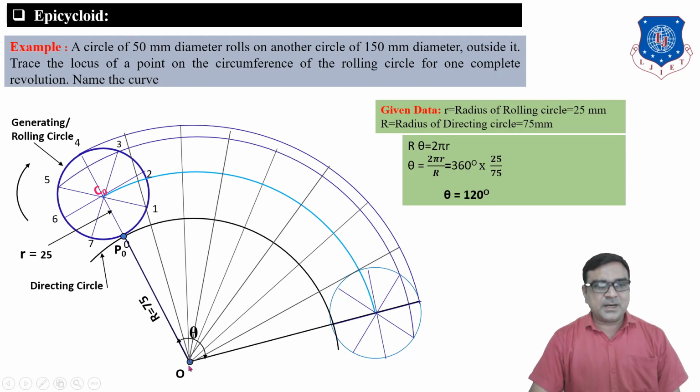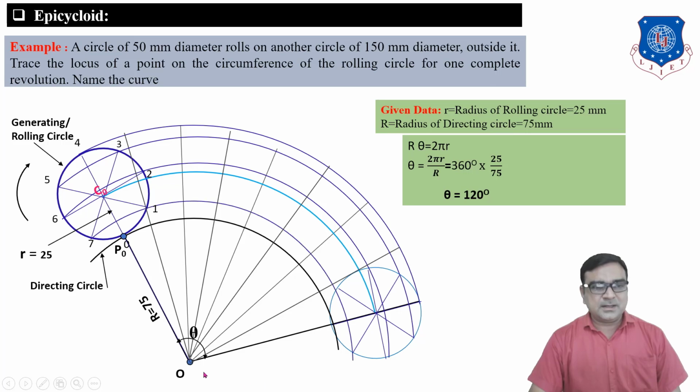Draw an arc by taking O as center and O5 radius or O3 radius, both are the same. Then O6 radius and O2 radius, both are the same. Draw another arc with O as center and O7 radius, which is also passing through 1.